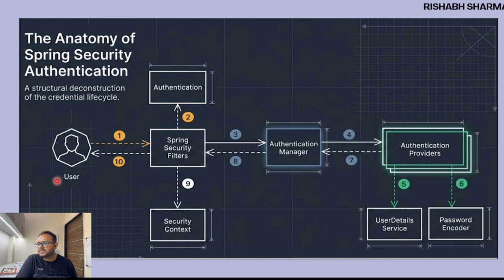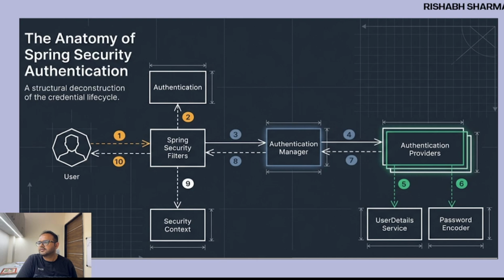This object contains your user, password, and one more attribute, which is authenticated. By default, that attribute is set to false, and this object is now passed to the next stages of the authentication journey.